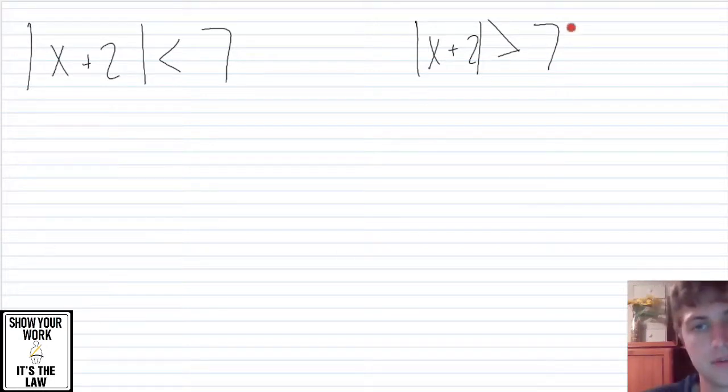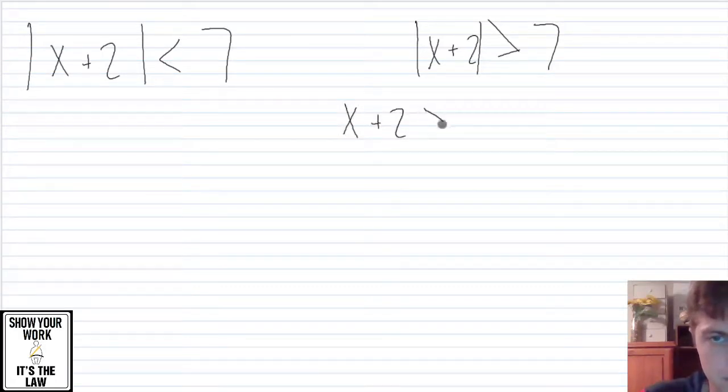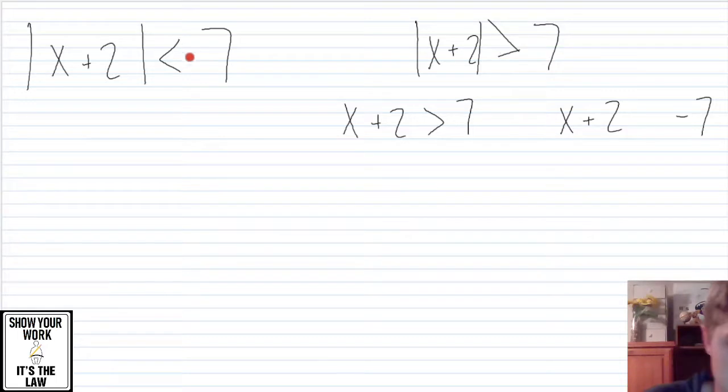So let's start with this one over here. So we want to do one parallel universe where x plus 2 is greater than 7, and we want to do one parallel universe where it's negative. So x plus 2 and -7, but remember our rule where whenever we multiply or divide by a negative number, our sign flips.